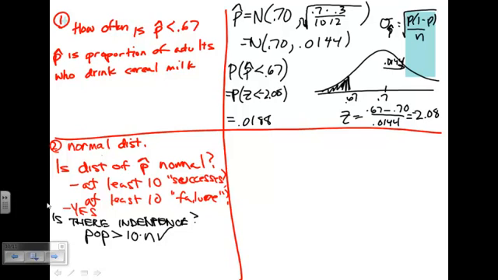All right. Step 4 is, again, interpretation. So 0.0188 is an answer, but in the interpretation we finish off the whole answer.